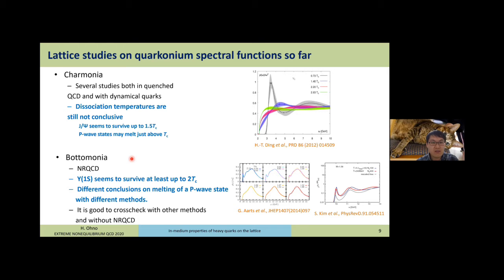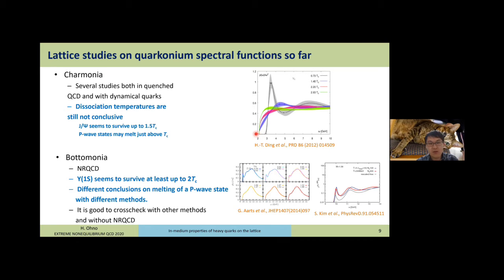Here I summarize some lattice studies on the charmonium spectral functions so far. Unfortunately, there are many different results from different groups, and these results are sometimes not consistent with each other. For example, this result for the charmonium spectral function shows that J/psi seems to survive up to 1.5 Tc.